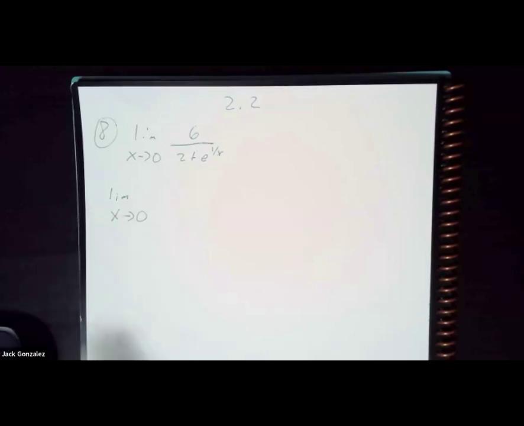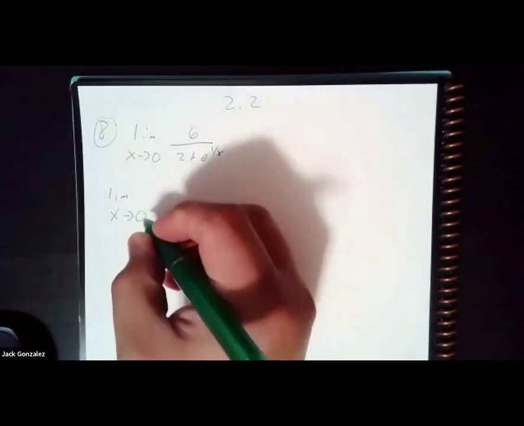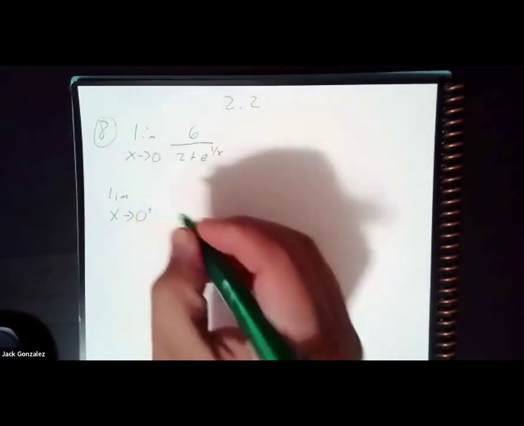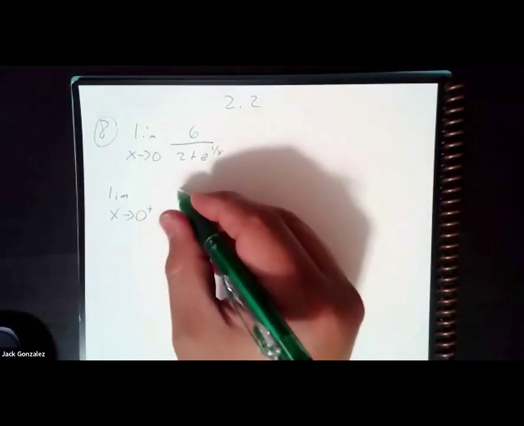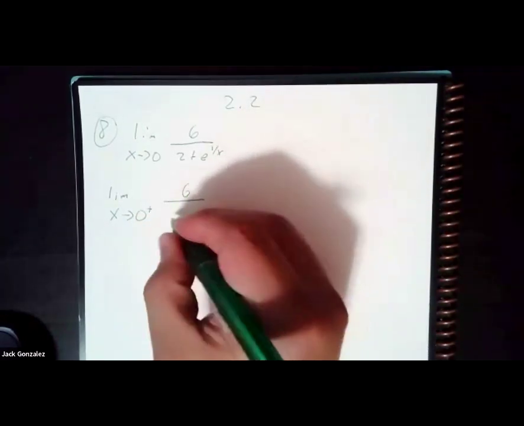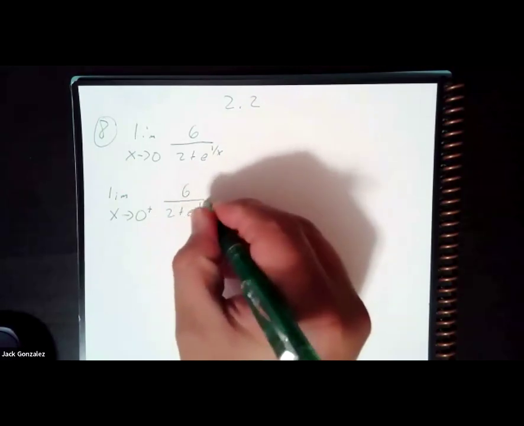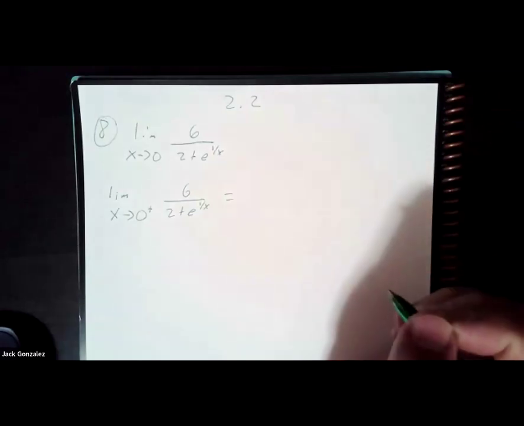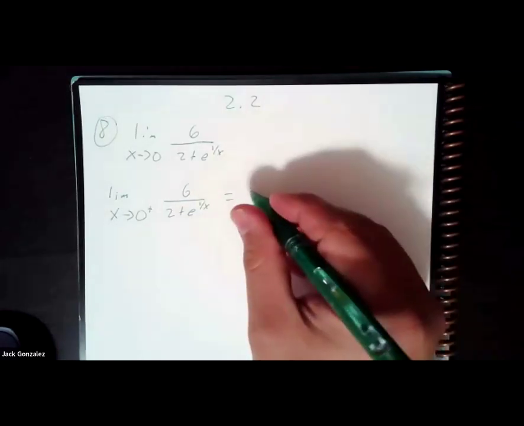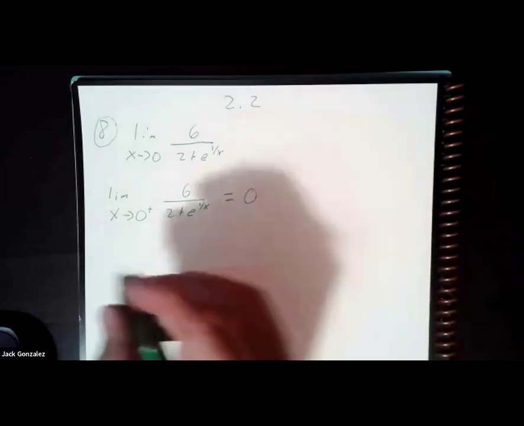All right, so basically, if you're coming from the right, you should think the positive side. So the limit from the right side of this function is going to be 0, right? That's what we saw on the graph.